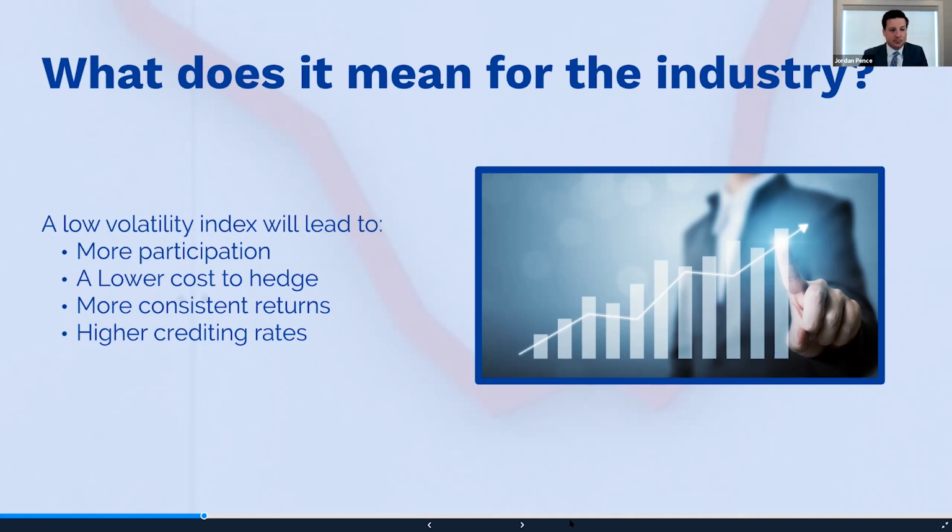So because of that reason, you can have, in theory, a much higher cap. Most of them aren't capped. You could have a higher participation rate. Generally, for the client, you're going to see more consistent returns.